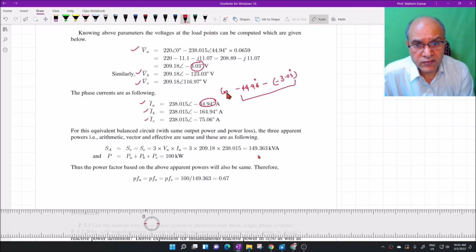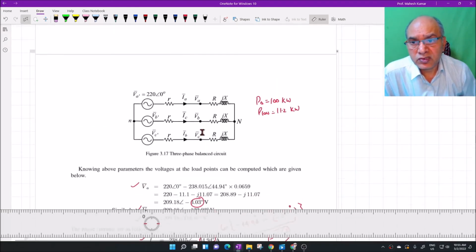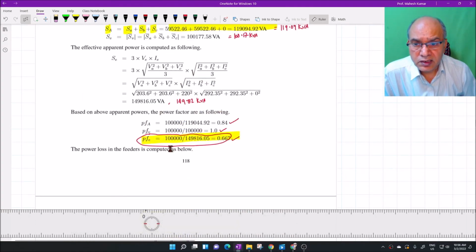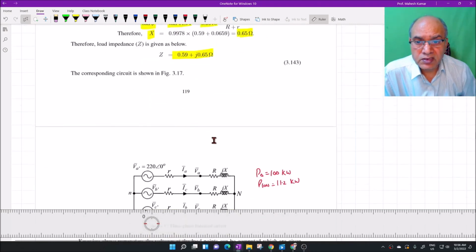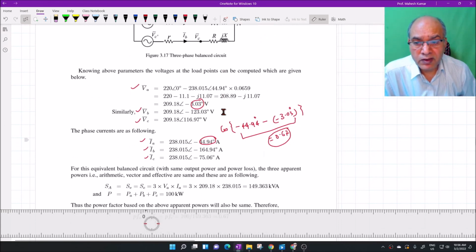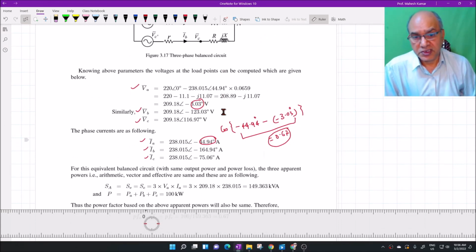So cosine of this whole thing will be nothing but 0.67. And this power factor is what we have got earlier. If you see the previous expression, the PFE was 0.667. So this is matching with this equivalent circuit that we have found based on the same output power and same losses.